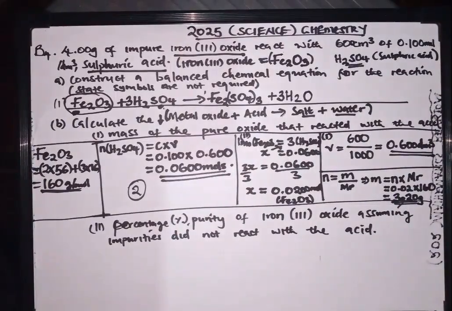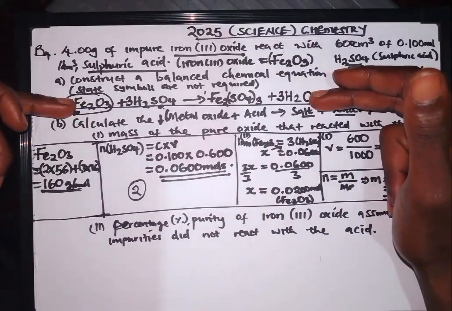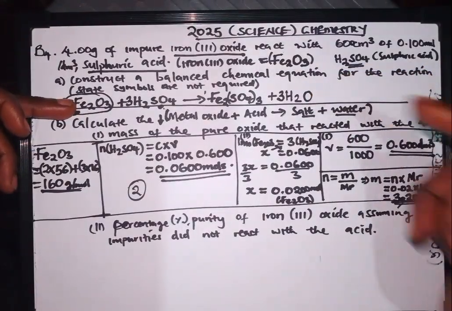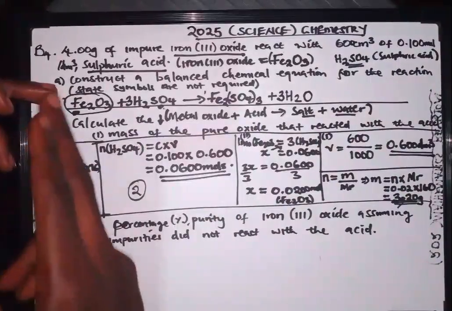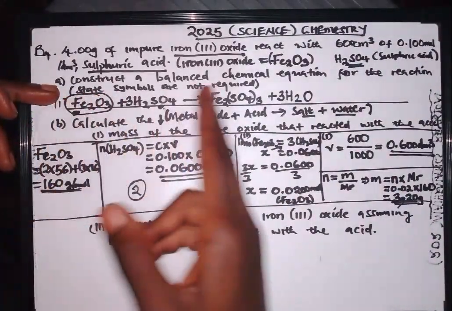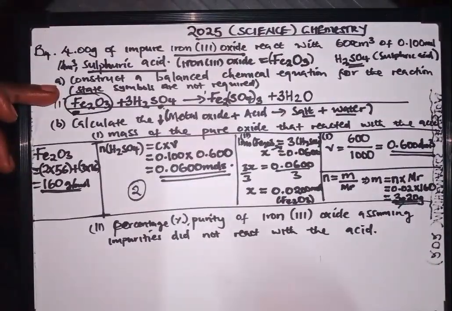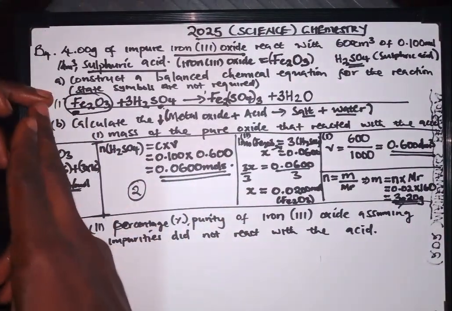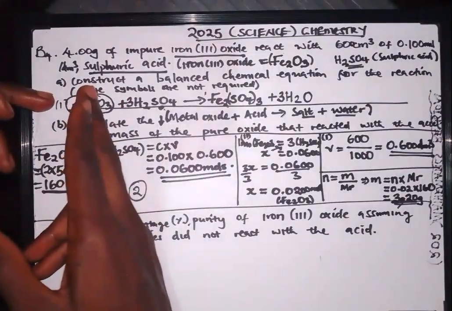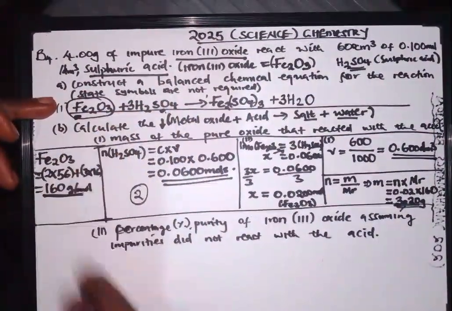Then after calculating the number of moles, you have to compare them using the balanced chemical equation. Remember, I told you, the moles are the numbers which we use to balance this chemical equation. For example, here it was an invisible one. So we say 1 mole of iron reacts with 3 moles of sulfuric acid.